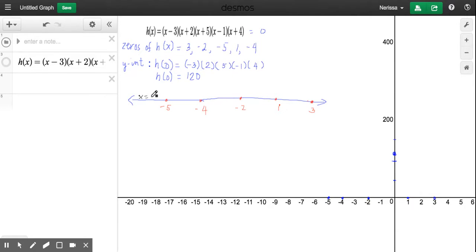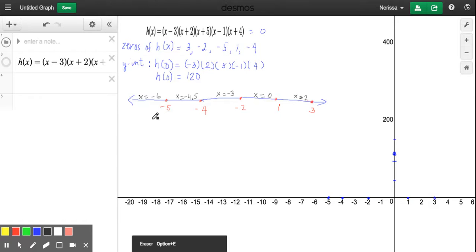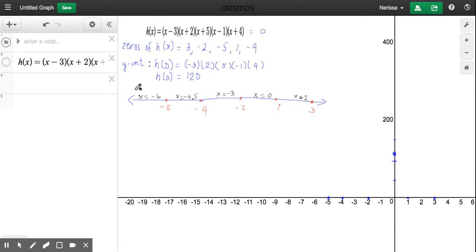Let's say x equals -6. And here x equals, we can use -4.5. And here x equals -3. Here 0 will work. And here x equals 2.